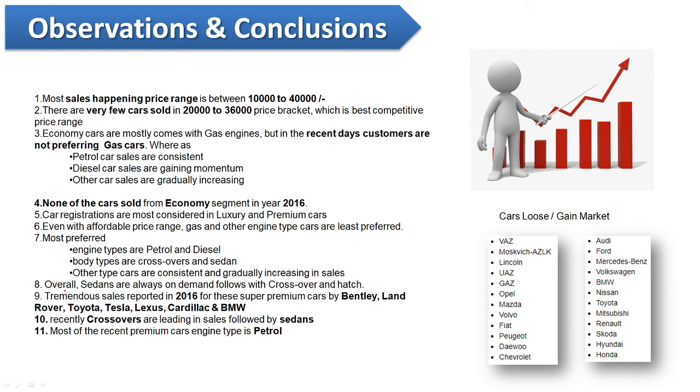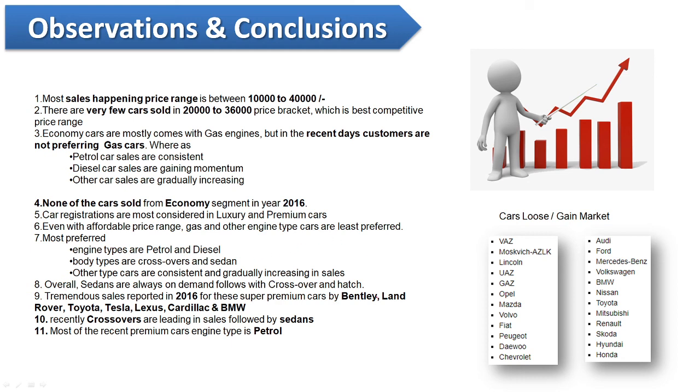Recently, crossovers are leading the sales, followed by sedans. Most of the recent premium car engines are petrol type, which is another interesting point. These high premium cars are mostly petrol engines. So these are our observations.